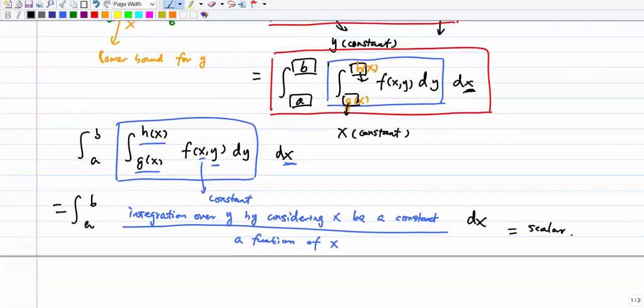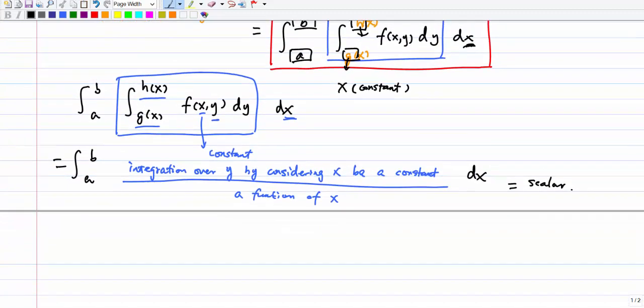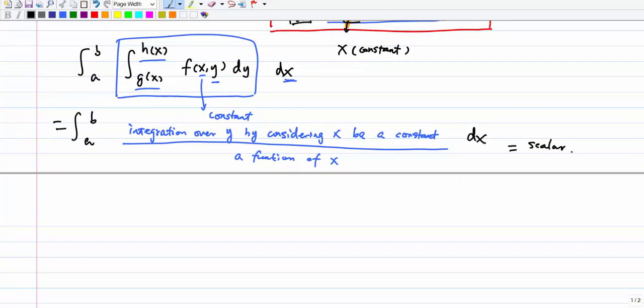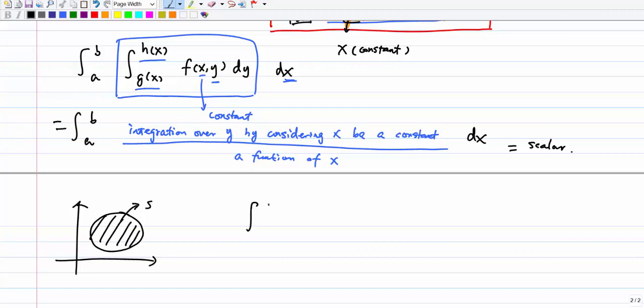The last point I want to make before the end of lecture: if I give you an area to integrate over, let's say this is S, what's the meaning of the integral of 1 dx dy?